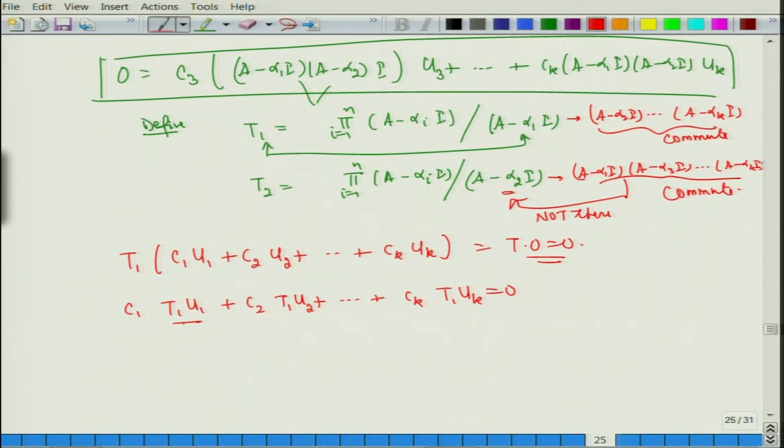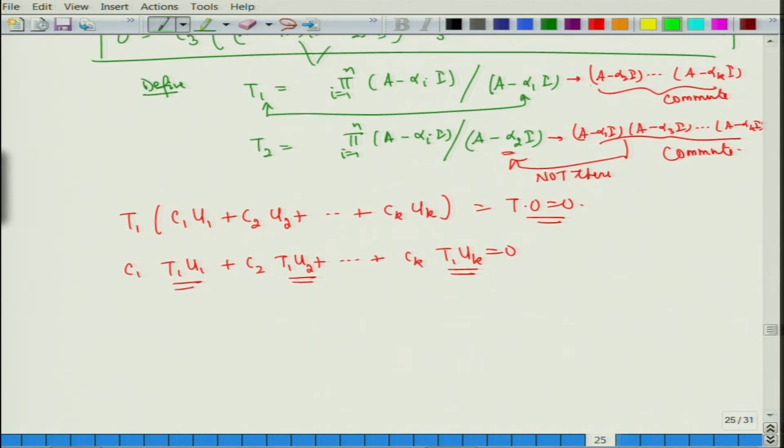Now, what is T1 U1, what is T1 U2 and T1 UK, fine. So, understand this very nicely, this is a very important idea. If I look at T1, it has A minus alpha 2I, it has A minus alpha 3I, it has A minus alpha kI, fine. They commute. So, at some stage, since they commute, if I multiply this with U2, this will give me 0, all right.